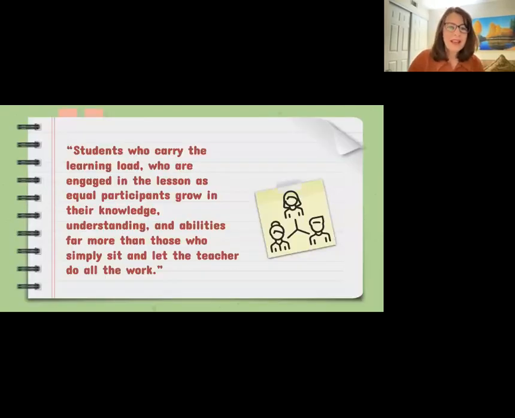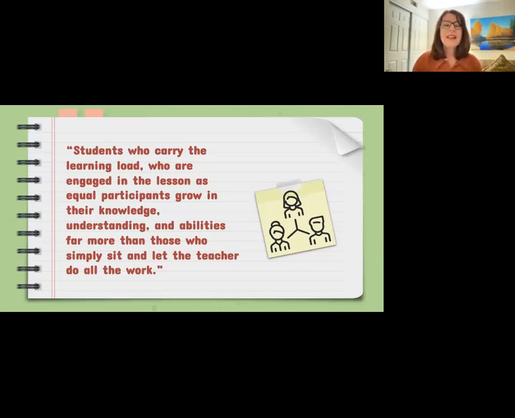I always say this term: we want our students to carry the load. They'll learn more when they're carrying the learning load versus the teacher doing all the work and all of the talking. So it's really important to help them be engaged. Sometimes we find in our classes that some of the students are really engaged and others are not.